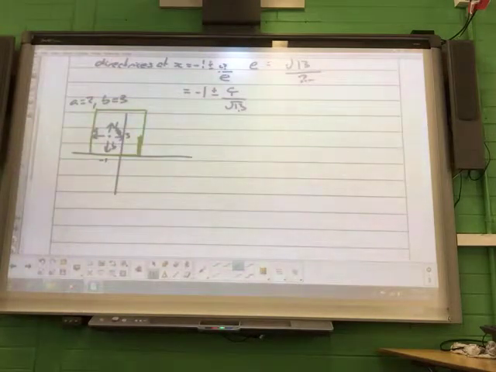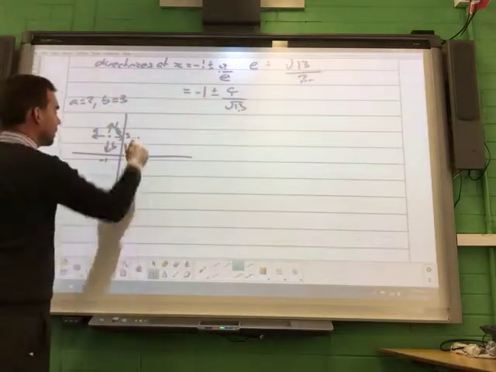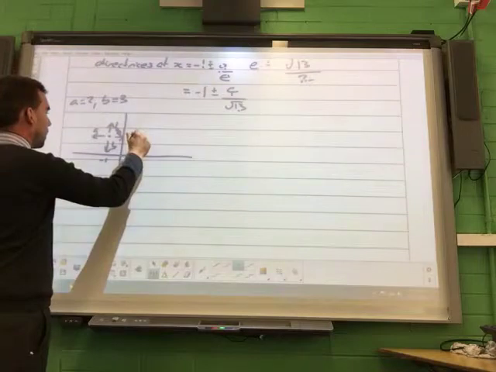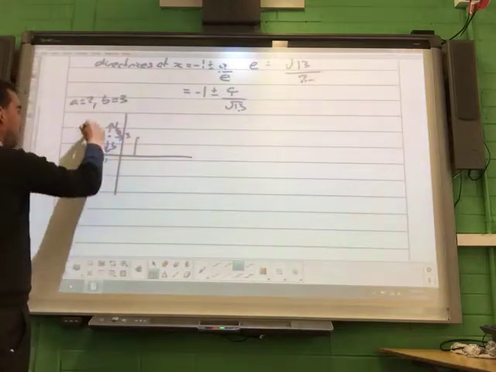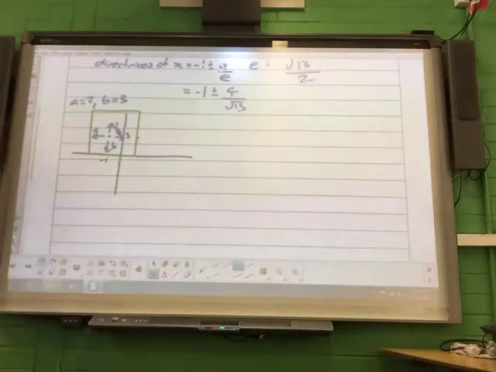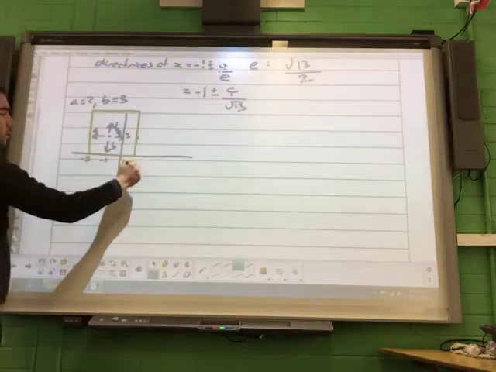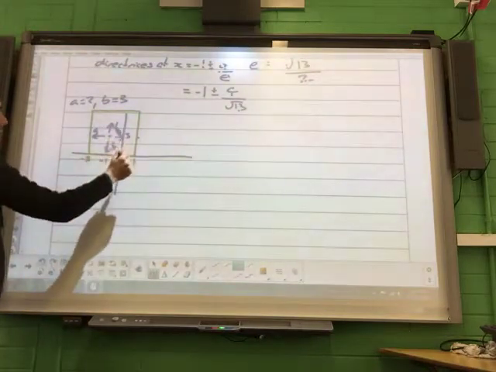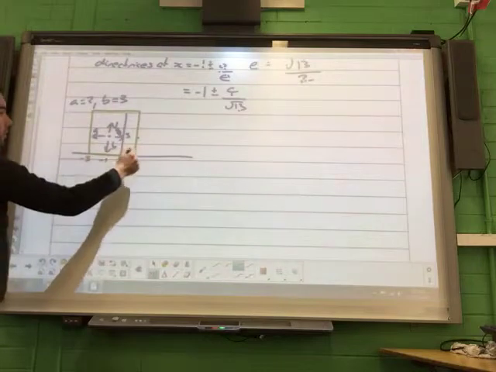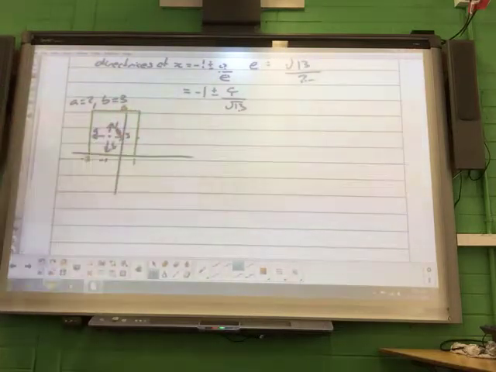Okay, poorly drawn. Right, so that means this dimension is going to be -3, this is going to be 1, and this is going to be 0, because it's 3 down and then 3 up, so this one's going to be 6.